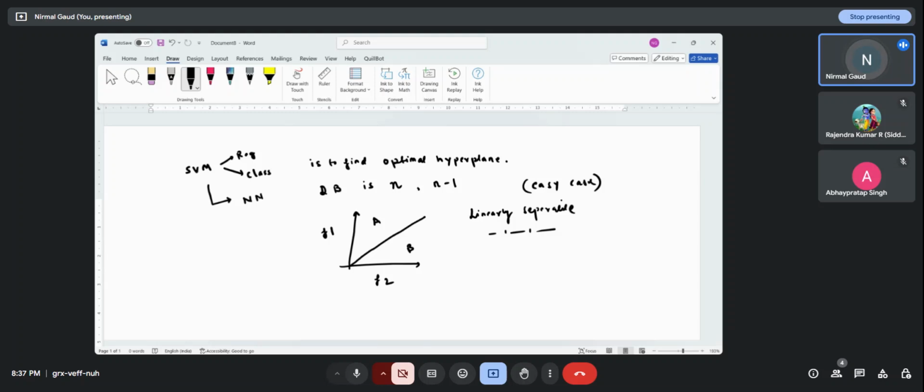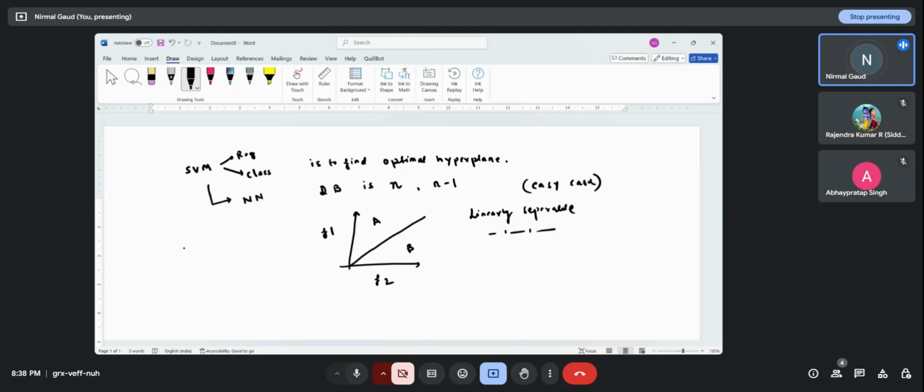It's not mandatory that you can only divide the data by a line. In my previous classes, I have also shown you that there is intermixing in the data points. So obviously we have different kernels, different techniques to separate the data.